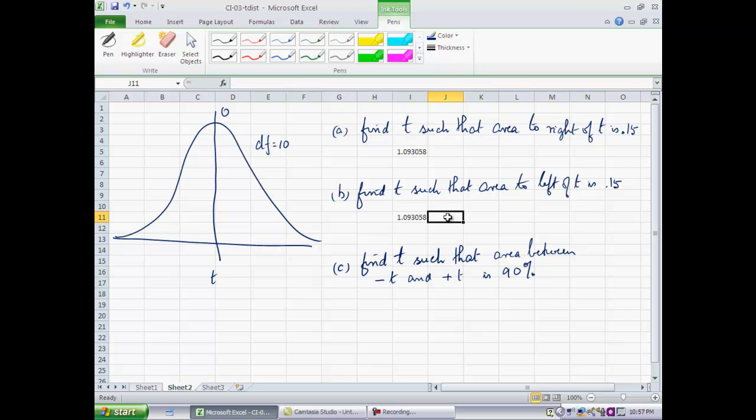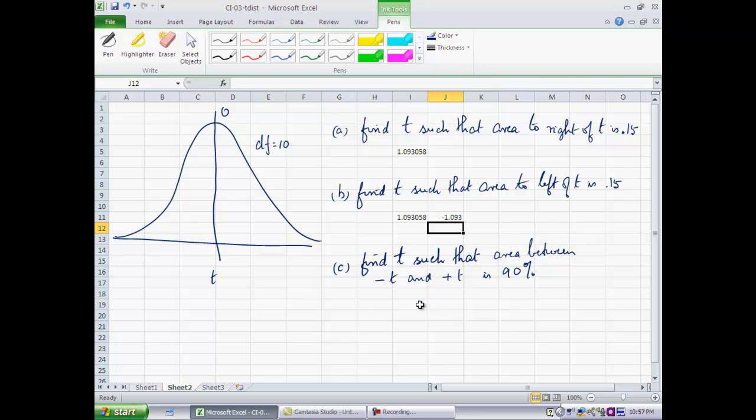So the answer is minus 1.093. Notice that T inverse did not put in that minus sign for me. I have to put that minus sign in based on my knowing that the T value has to be negative. If the area to the left is 0.15, then that value has to be to the left of 0, so it has to be a negative number.